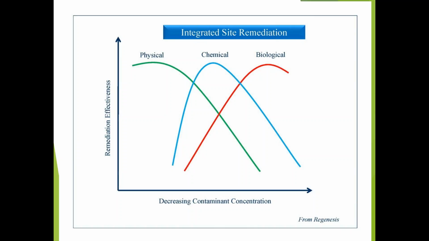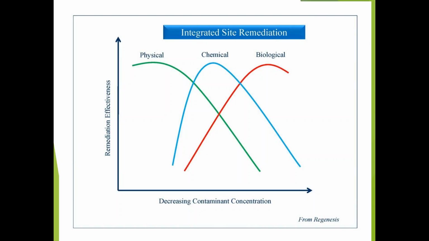On the x-axis, we have decreasing contaminant concentration. So this is the amount of DNAPL or dissolved chlorinated solvent that is in the system. So DNAPL would be on the left on the x-axis, and as it changes and becomes dissolved, because there isn't as much concentration, that's when you get to the right of the graph on the x-axis.